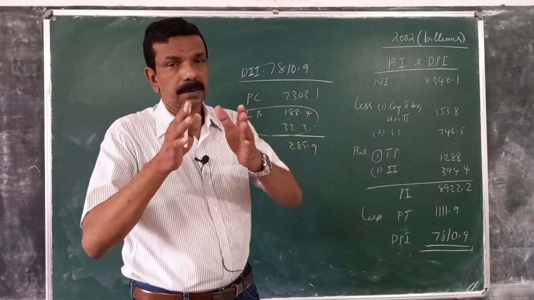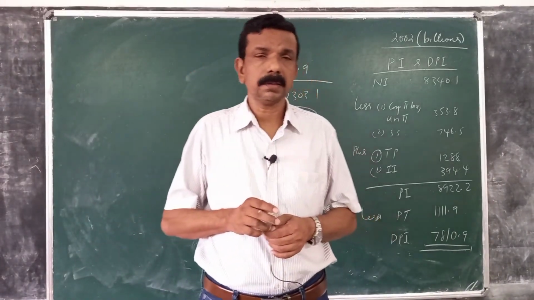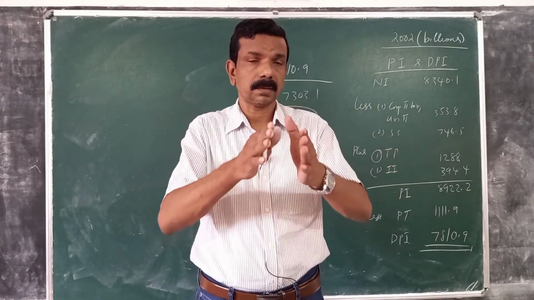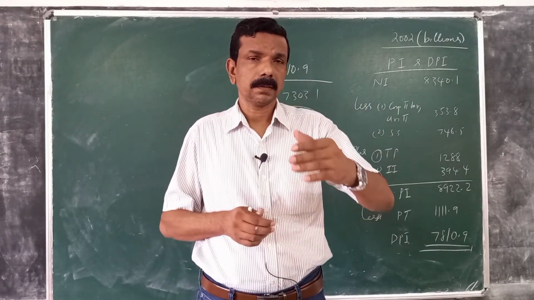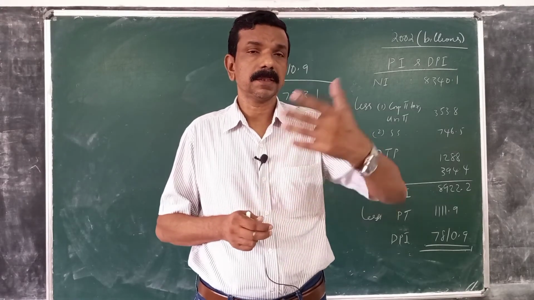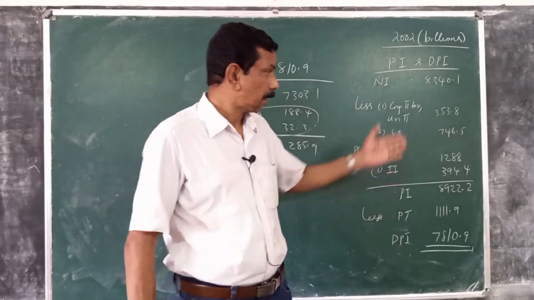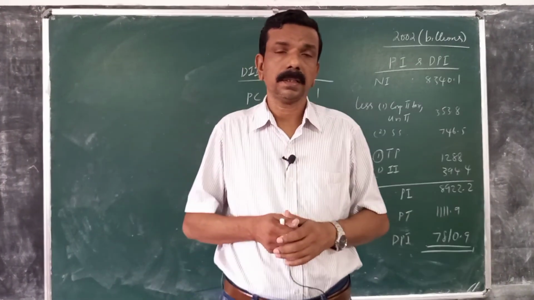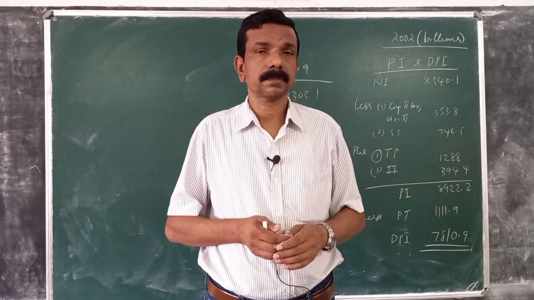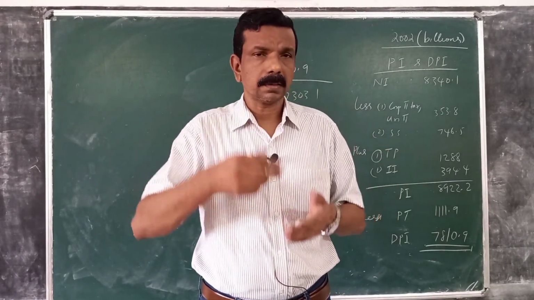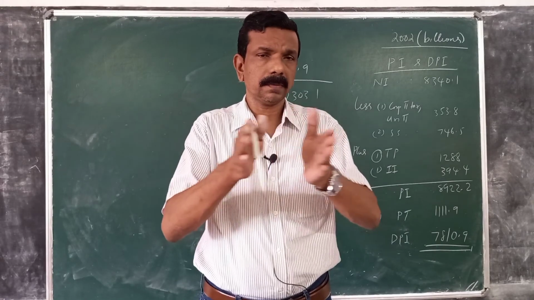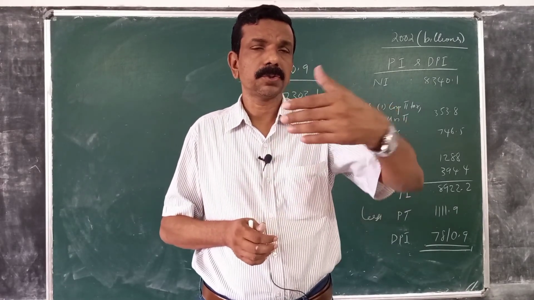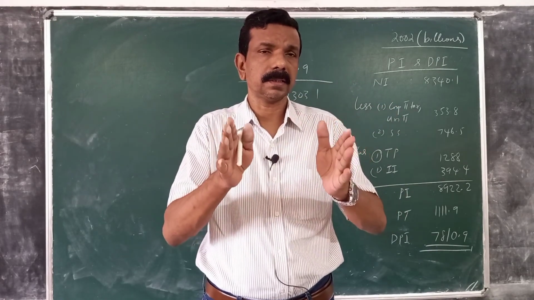So we start with the GDP, its components, then national income, its components, then personal income, disposable personal income, and how this income is used for consumption and saving purposes. And in the subsequent classes, we will give some more clarifications to a few more issues associated with the national income accounting.